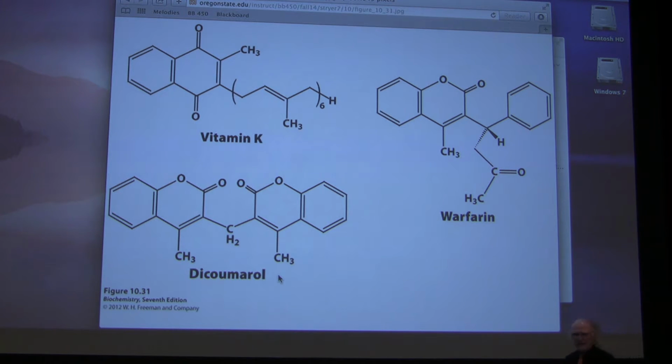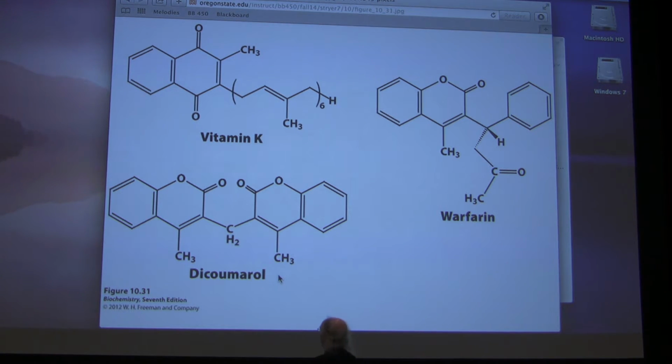So blood thinning, as it's called, goes by a couple of mechanisms, and the one that we're concerned about here relates to the carboxylation of glutamic acid side chains. These two things here, warfarin and coumarin, are used to block the action of vitamin K, meaning that they block the carboxylation of the side chains of glutamic acid.